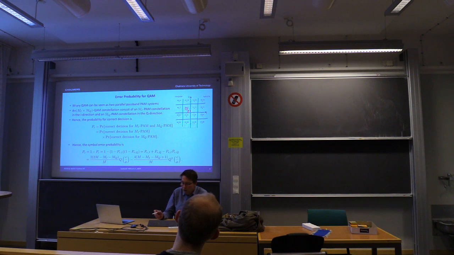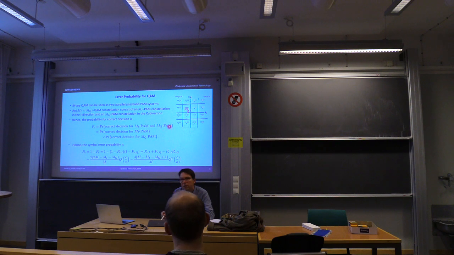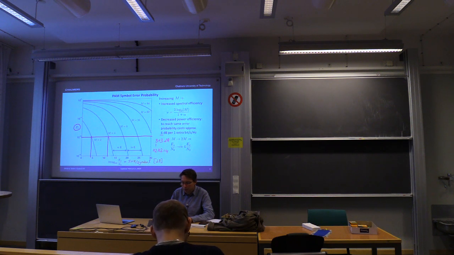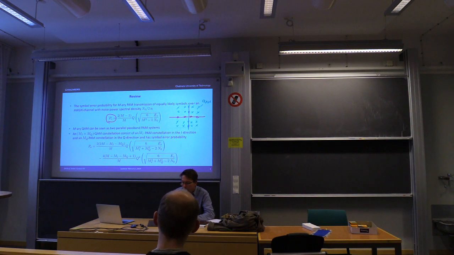Okay. So what I'm trying to say now is that we make a correct decision for QAM if we make a correct decision for the individual PAM systems, the one along this axis and the one along this axis. And if we do that, we can simply reuse our formulas for the PAM system and just insert that into these equations.